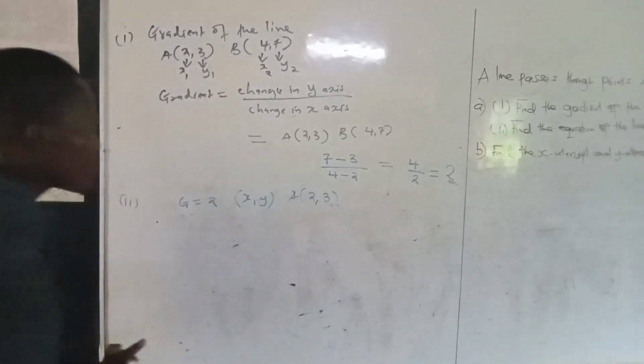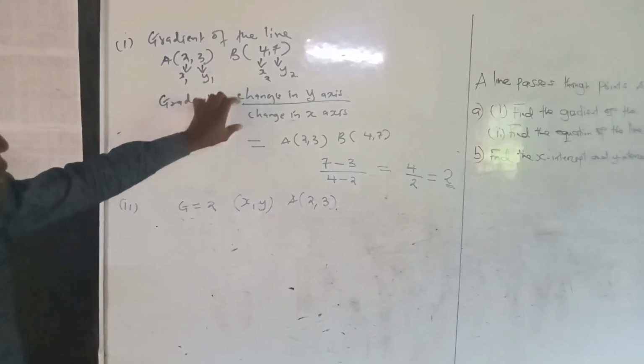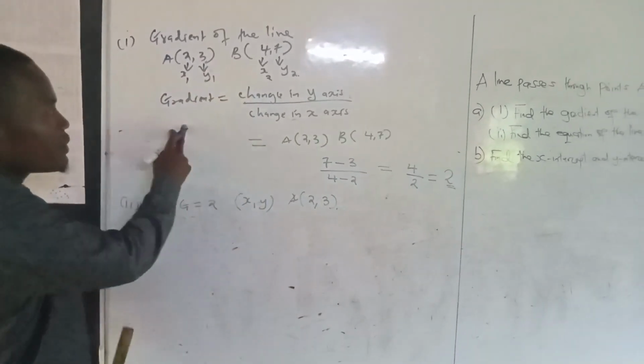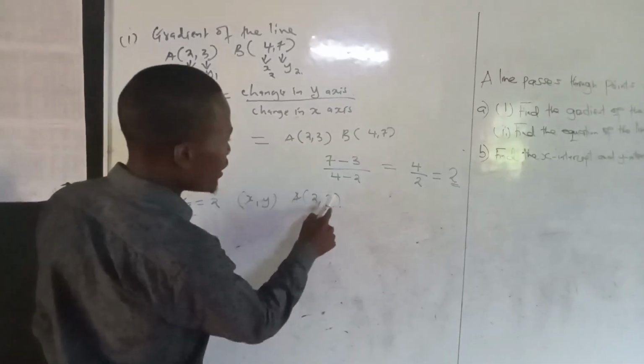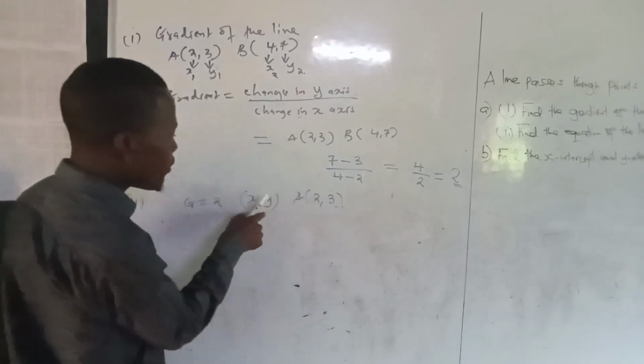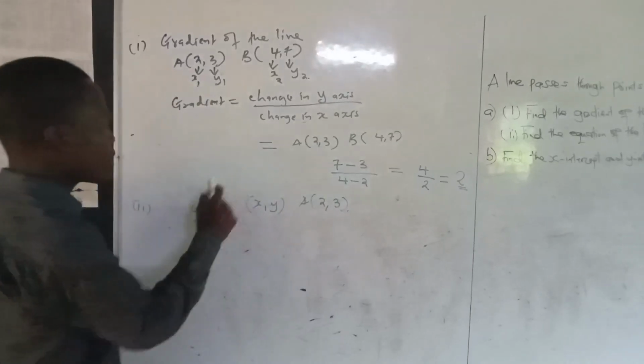And then we assume that we are going to get the gradient again. We still apply the same formula that we used before. Gradient is given by change in y over change in x. So here, my y2 is 3, my y1 is y, my x2 is 2, my x1 is x.